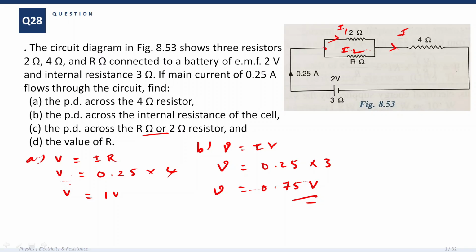This is the point here; I will take it as point P. This is the point Q. At P, how much current is entered? I1 R1, capital R, not small r, capital R, equal to I2 R2.